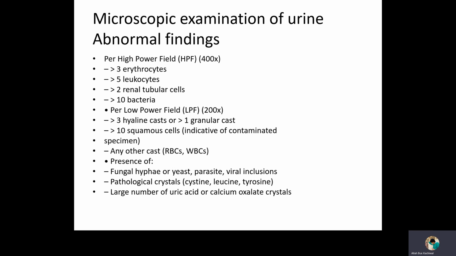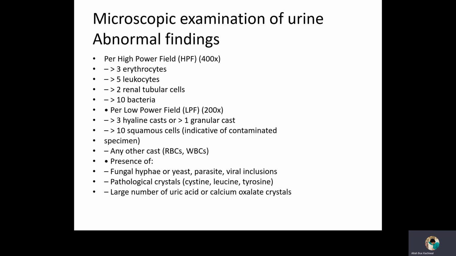Abnormal findings in the microscopic examination of urine per high power field, HPF at 400x, are: more than 3 erythrocytes, more than 5 leukocytes, more than 2 renal tubular cells, and more than 10 bacteria.